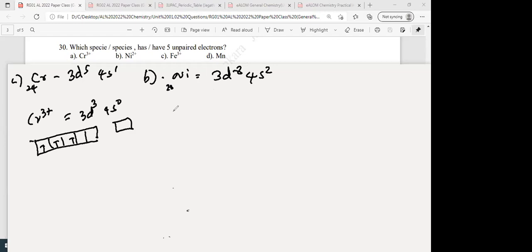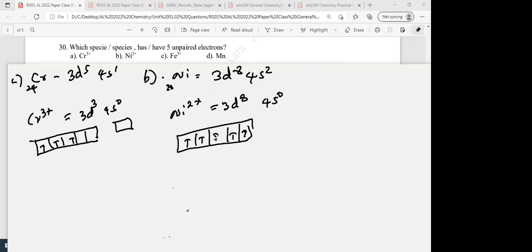When it becomes Ni2+, the first 2 electrons, 4s2, go out, then it becomes 3d8 4s0. So these two are lost. So how to write the d8 here? 1, 2, 3, 4, 5, 6, 7, 8. That means it has only 2 unpaired electrons. They're asking for 5 unpaired electrons.